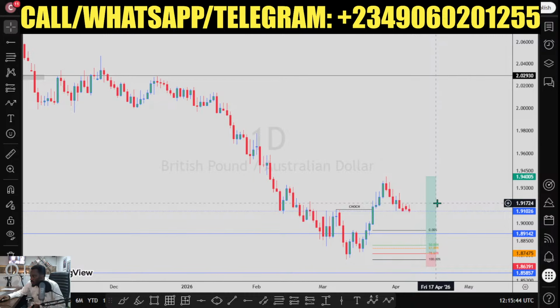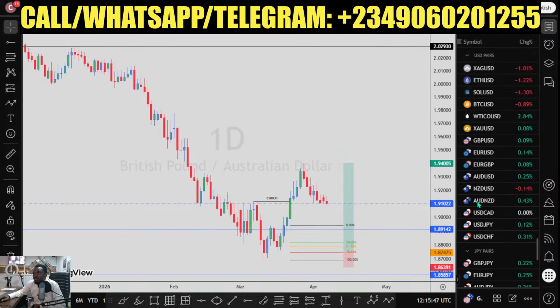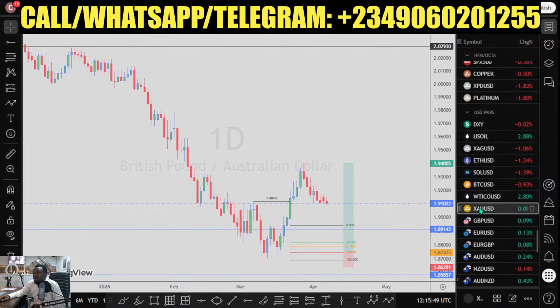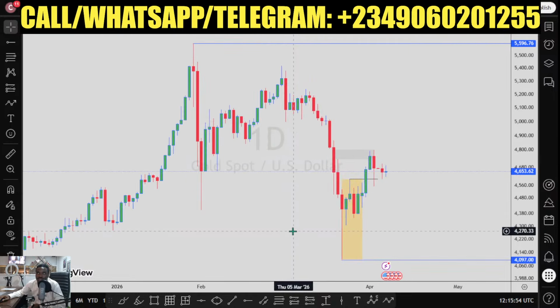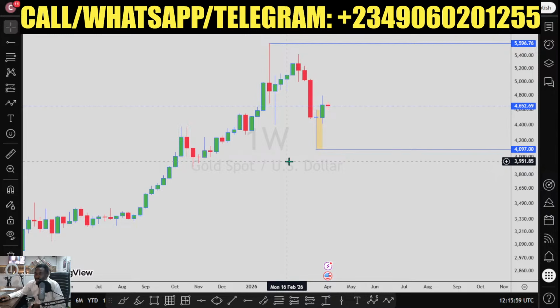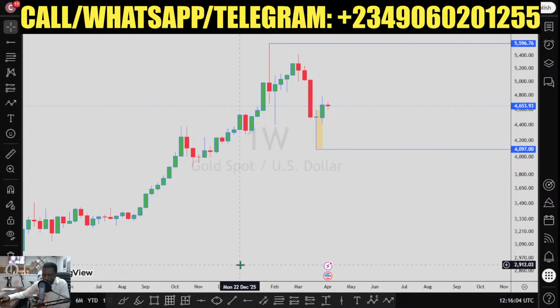So let's check gold, which has been requested. XAU paired against USD, under the weekly chart. This is what we have on the weekly chart. Gold is strongly bullish on the weekly chart.